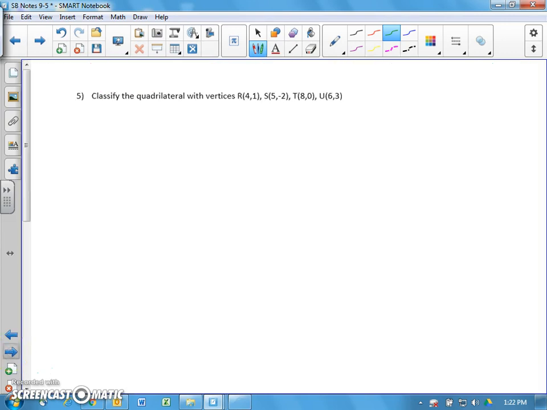So 5 just lists the points. It doesn't give us a grid. The problem isn't any different. We know what we need are the slopes of each of the sides, and we need the lengths of the sides to be able to classify this. So let's go through and calculate slopes first.